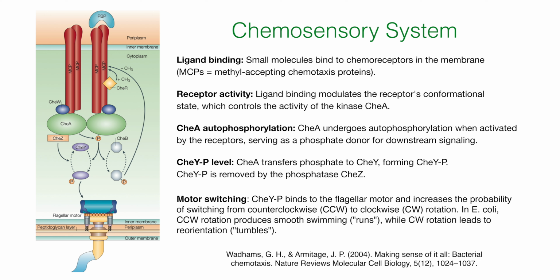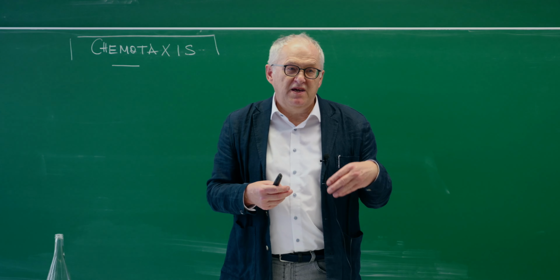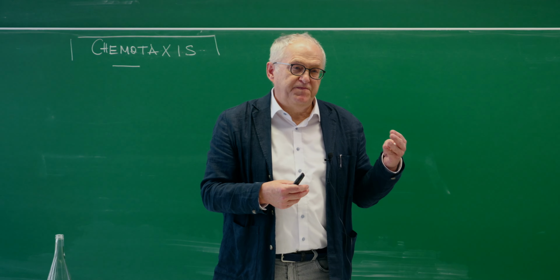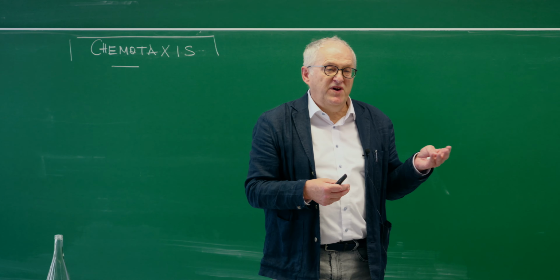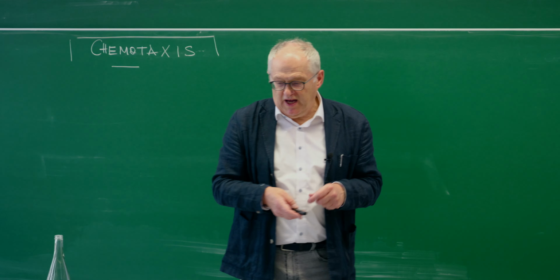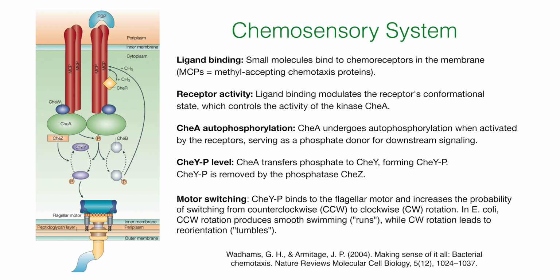In that cycle, there are other proteins that I didn't discuss, and these other proteins are important for making the chemosensory system adapt to different kinds of gradients in a very efficient way. If you want to read about this, I'll refer you to this paper here, which is a very nice review article from which I also took this figure.